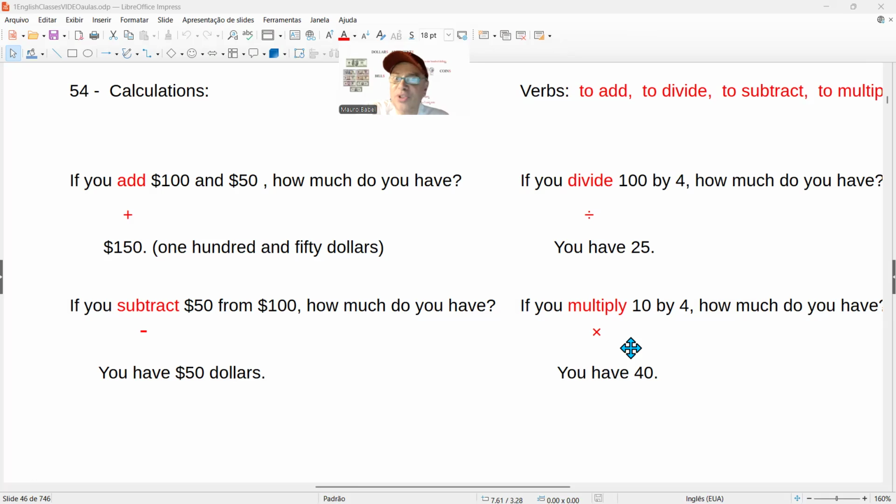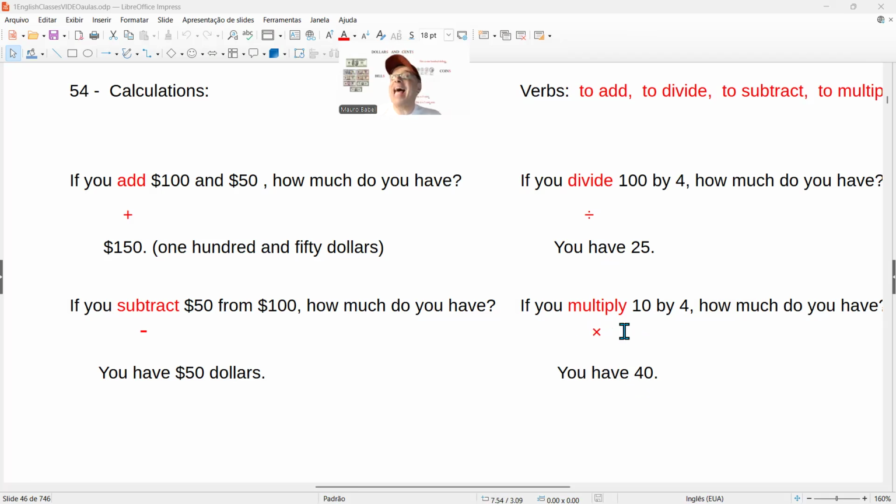Let's conjugate. I multiply. You multiply. He multiplies. Aí a escrita, né? Lembrando que o Y é a última letra. The last letter is Y. And the letter before the Y is a consonant. What happens to the Y? It drops. Perde, né? Cai o Y. E como é que eu faço então?